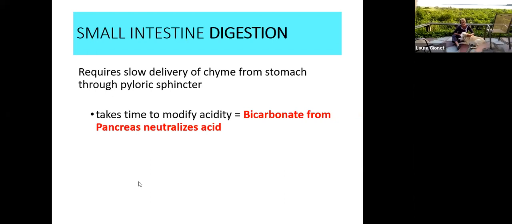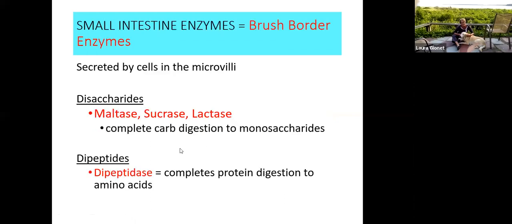So we need to elevate that pH so we don't denature all our protein enzymes from the pancreas before they can act and break these molecules down. If we don't break them down, we won't absorb them. You're just going to poop them right out. So it takes time to modify the acidity. The bicarbonate from the pancreas neutralizes the acid, and that serves, as I said, multiple functions.